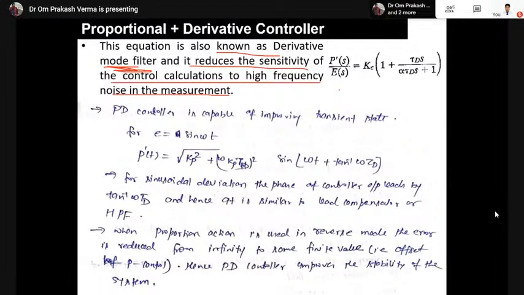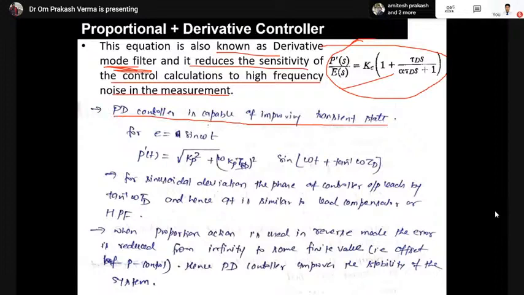So there is no problem. Remember, we will discuss this once again during tuning. Right now, the PD controller is capable of improving the transient state.